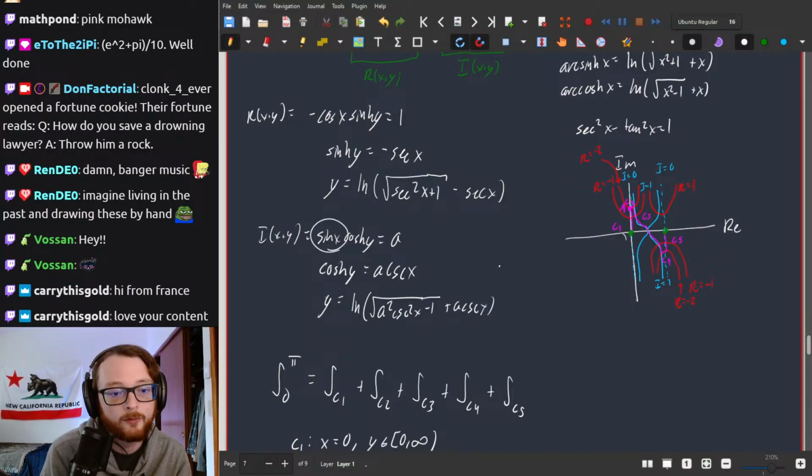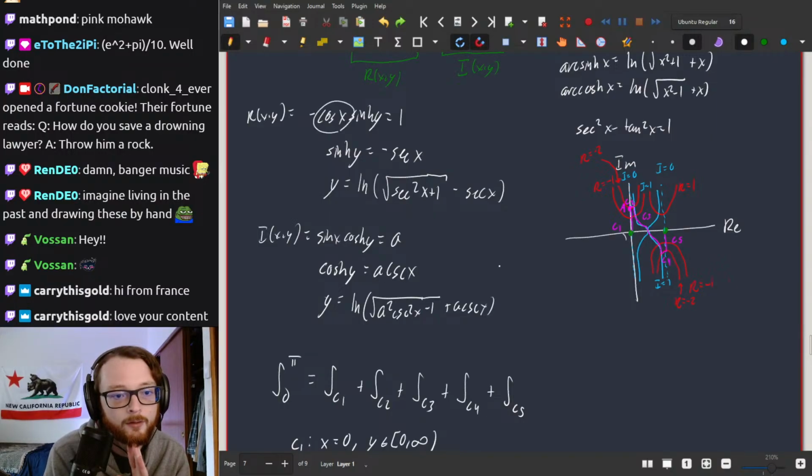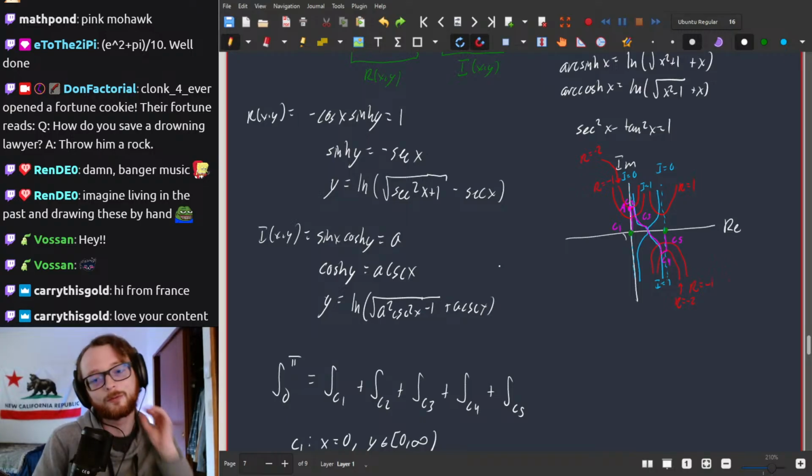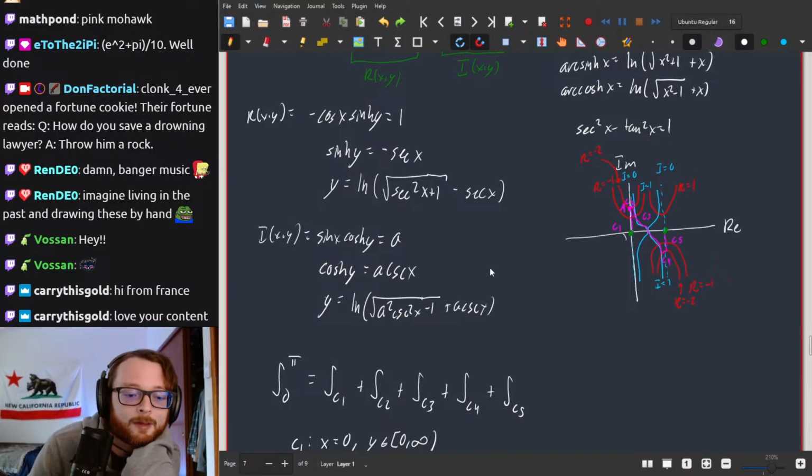So x, in this case, is 0. Okay, that makes sense. So we do get just a 1 there. No, wait, this is still... That's only a 1 at the start, though.